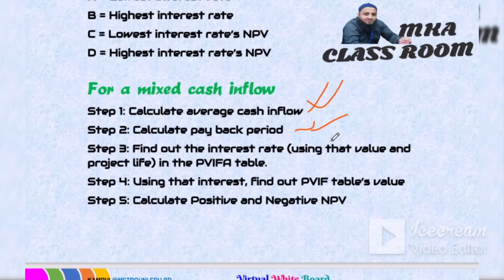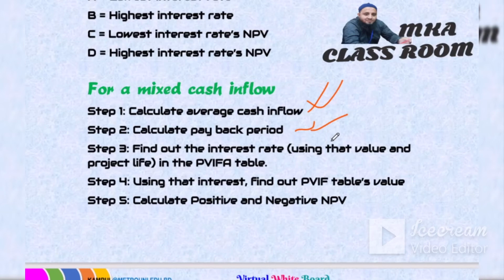So you have to search the value 3 in the PVIF table with year 5.